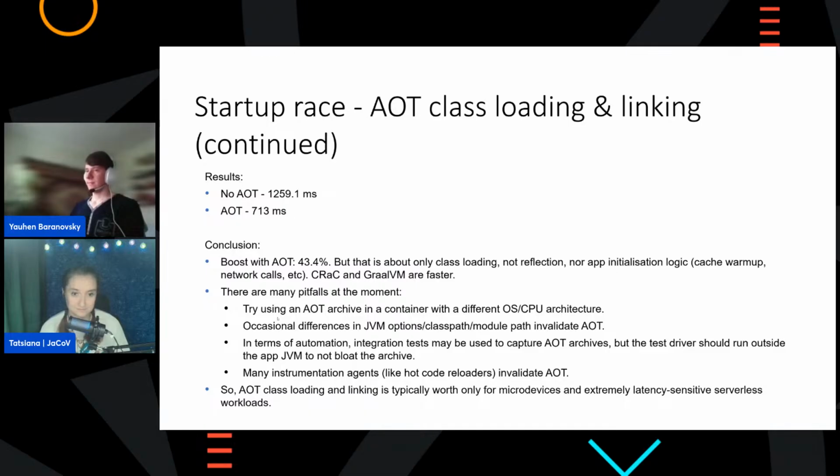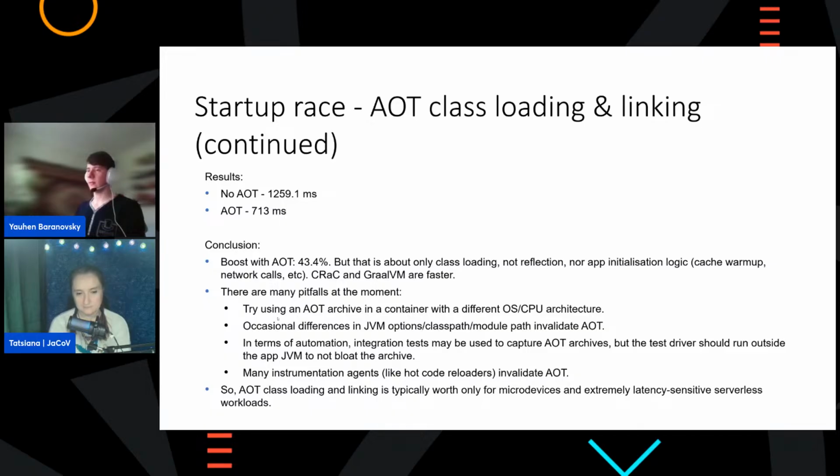So, first of all, AOT is designed to run in the traditional setup of JVM, and GraalVM is not entirely equal to the usual JVMs like Oracle JDKs or Azul, etc. But in terms of performance, as I've already mentioned on this slide, such techniques as CRaC and GraalVM are notably faster than AOT at this moment.